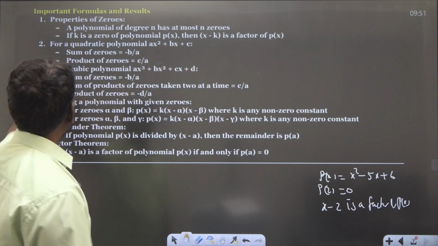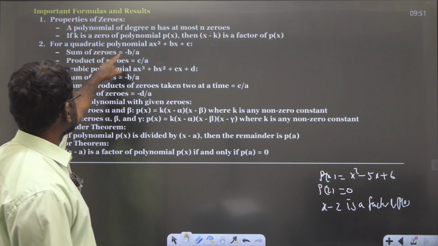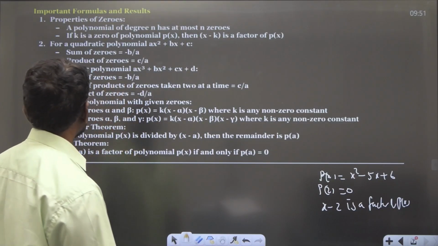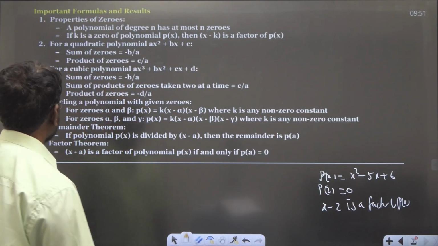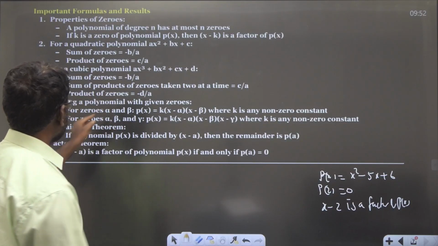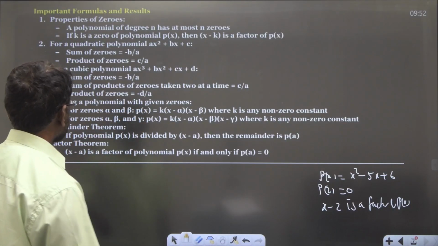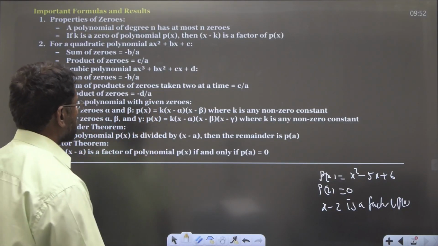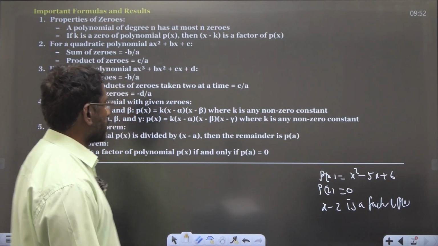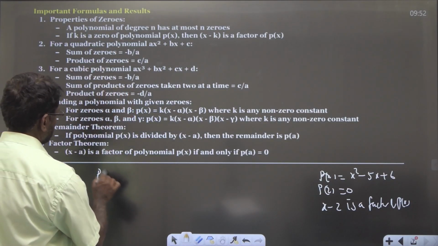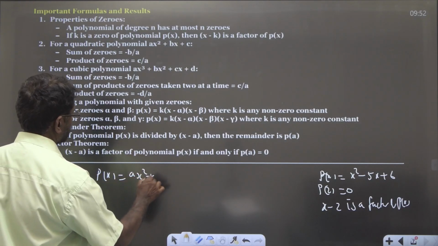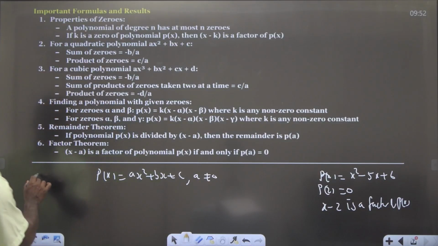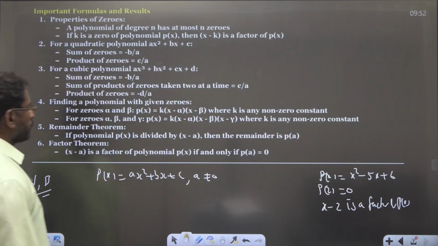Already we have discussed this also for a quadratic polynomial ax square plus bx plus c: sum of the zeros is minus b by a, product of zeros is c by a. Similarly for a cubic polynomial. Then, finding a polynomial with the given zeros. Suppose p of x equal to ax square plus bx plus c, a not equal to 0, and alpha and beta are the zeros of the polynomial.